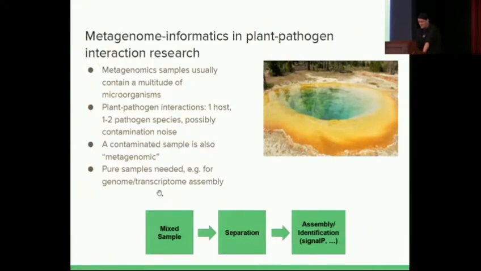For this effector protein mining, which involves, for example, transcript assembly and further downstream analysis, we definitely need pure samples, so we have to find some way to remove the host from the pathogen data, and this is what I'm aiming at here with this tool.